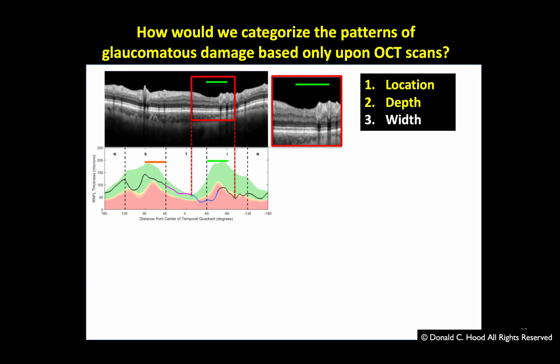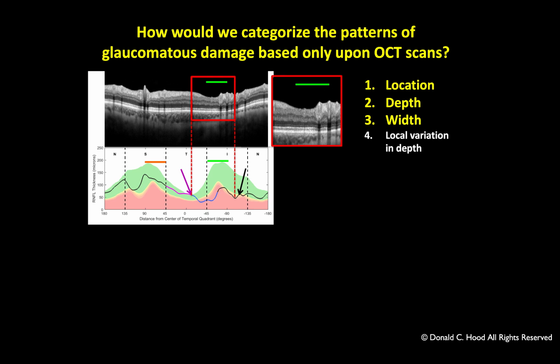Okay, next, width. So here's a third eye that again is very deep here, but look how wide this is. It goes from about here to about here. So location, depth, width, and then local variation. So in this particular eye, for example, it's essentially gone here, the retinal nerve fiber layer.